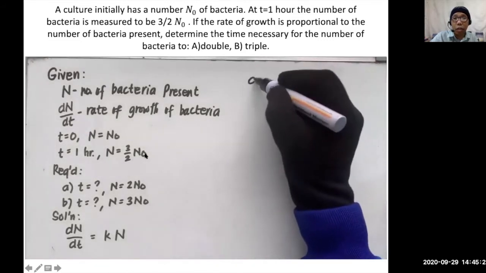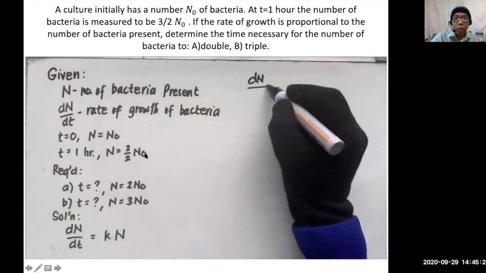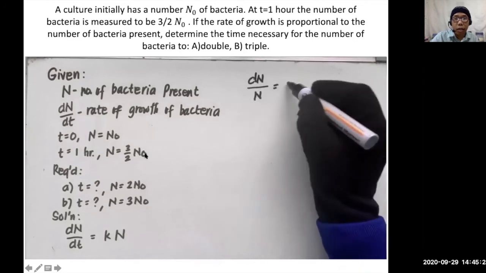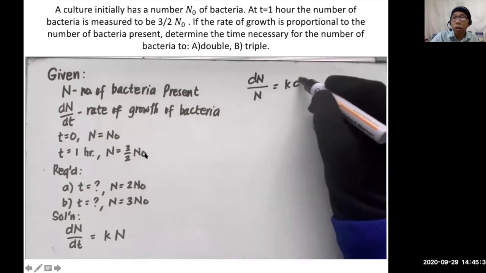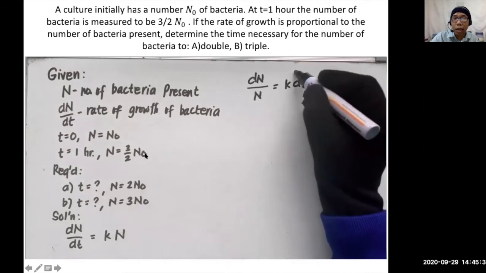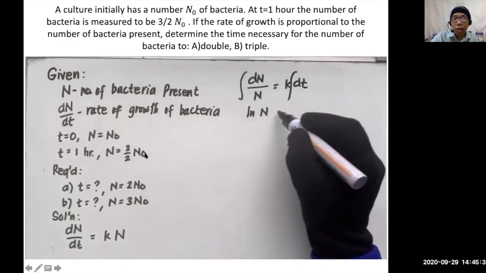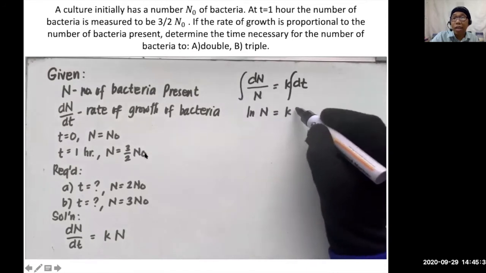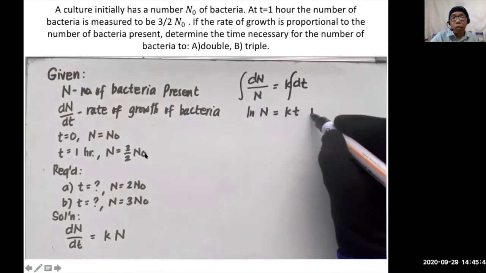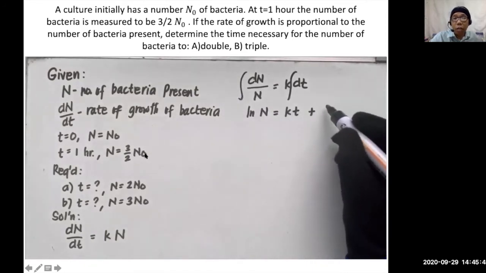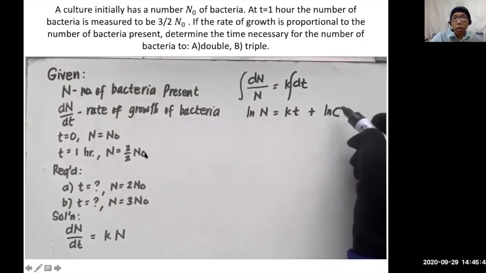This is actually separable, so we can put the equation like this: dN over N equals k dt. Then we integrate both sides of the equation, giving us on the left-hand side ln of N equal to kt plus the arbitrary constant.